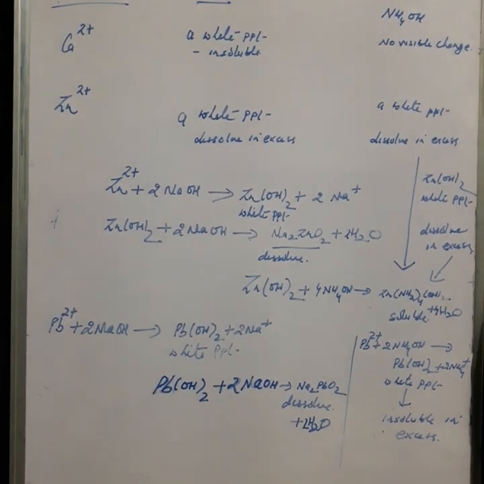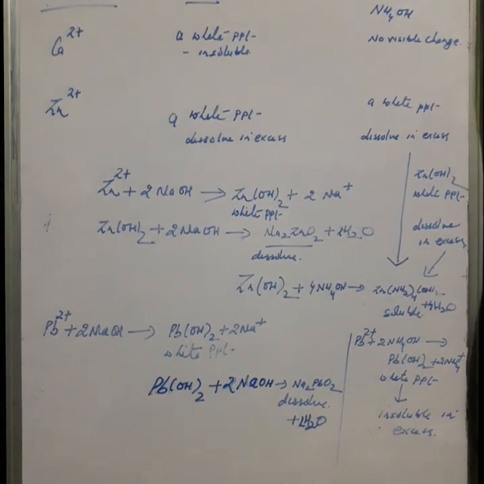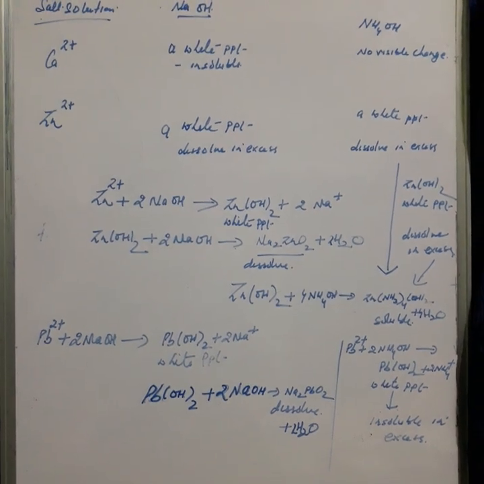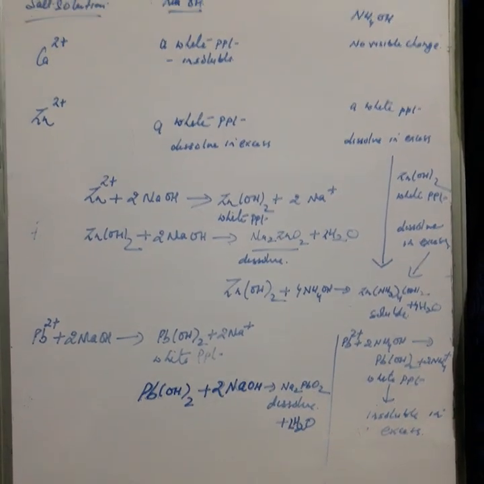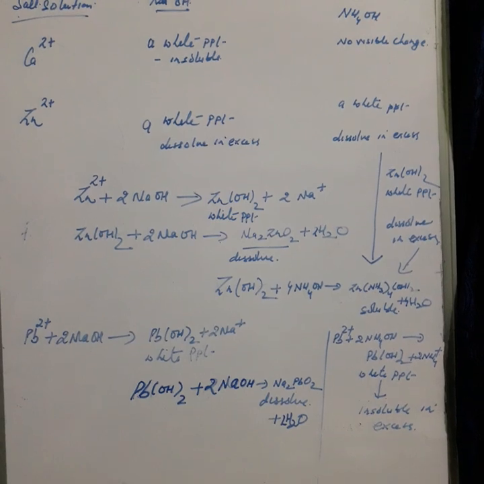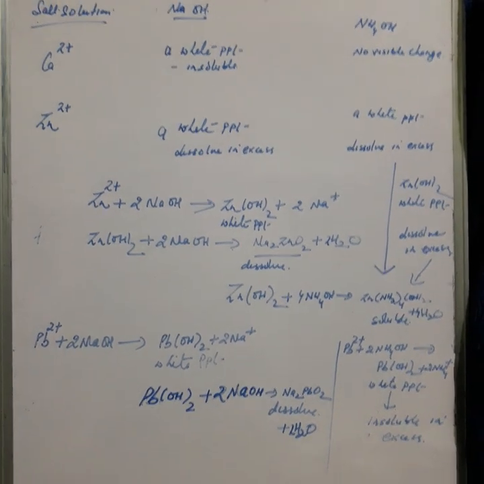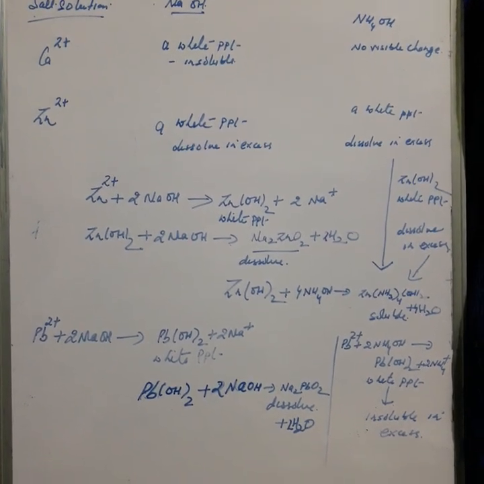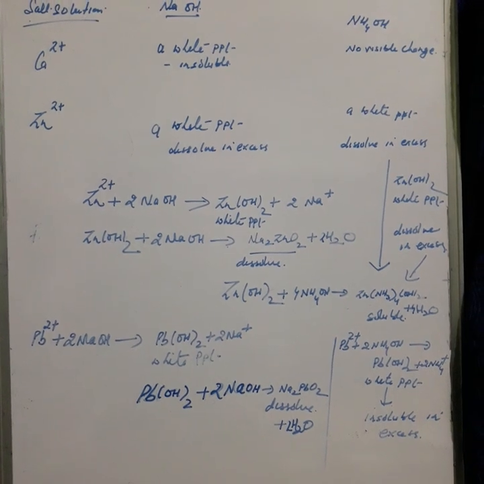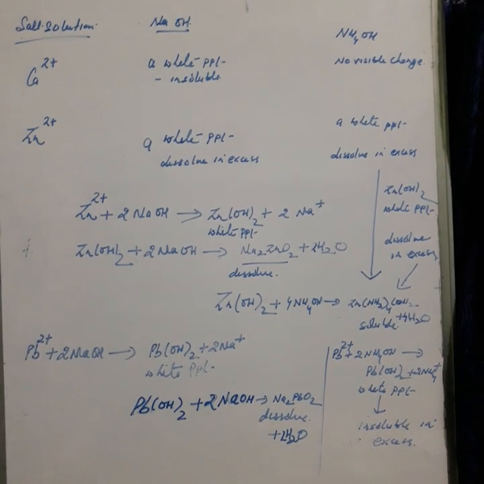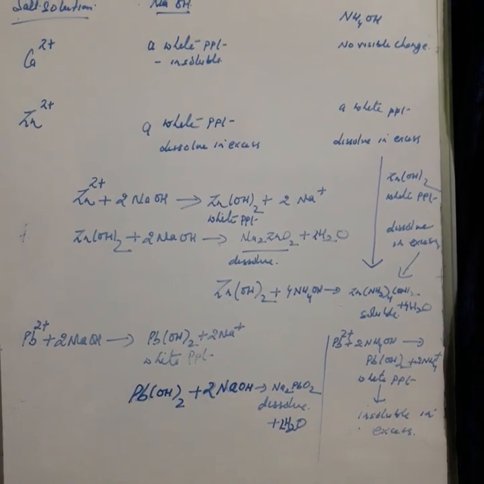And the last one, ferric. Ferric salt solution, when reacted with sodium hydroxide or ammonium hydroxide, also gives the same observation, that is a reddish brown precipitate which remains insoluble in excess.